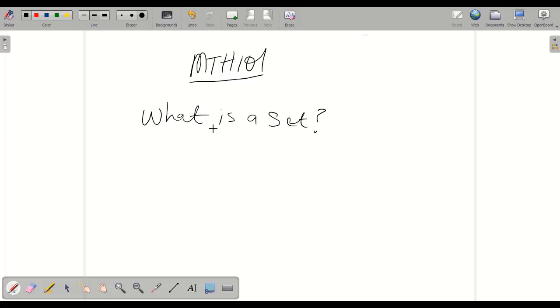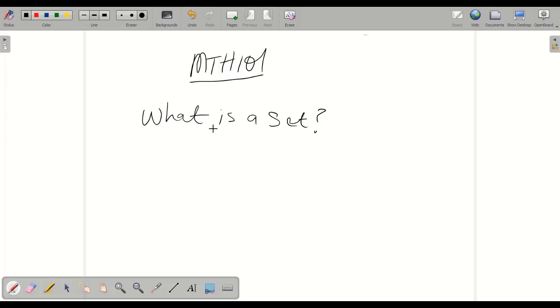So we can gather them together into one definition and say a set is any well-defined list, collection, or class of objects. Any list of objects cannot just be considered a set, it must be well-defined. Same also, any collection of objects cannot just be called a set, it has to be well-defined, as well as a class also.